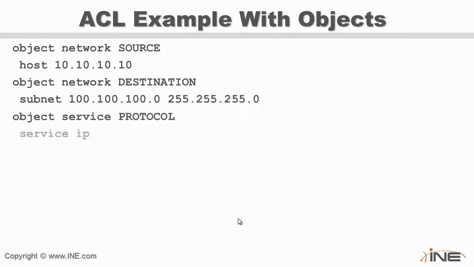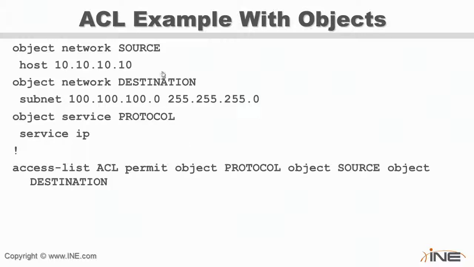So for example, here we have an object that's saying this is the particular source. This source is the host 10.10.10.10, and the destination is anything on this subnet, 100.100.100.0/24. The service is IP, so we're saying just IP at layer 3. We're not matching any of the upper layer protocols. And then we can match this from the access list. So as opposed to saying the object group, we're saying the object.